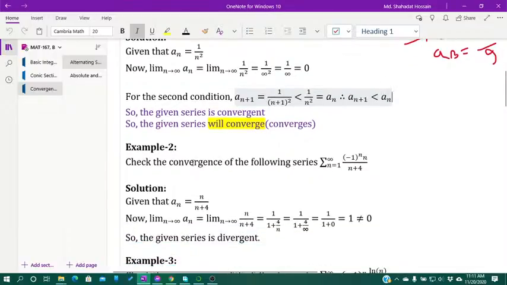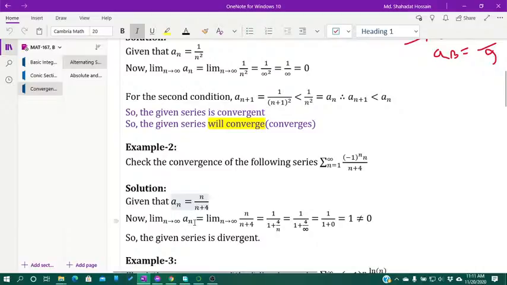Okay. From the second example, now see, check the convergence of the following series. Now see here an equals n by n plus 4, and now we will also check the same conditions of the alternating series.